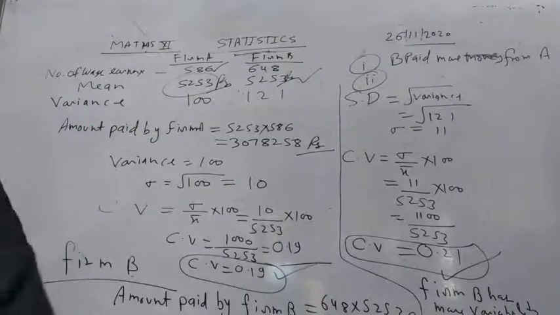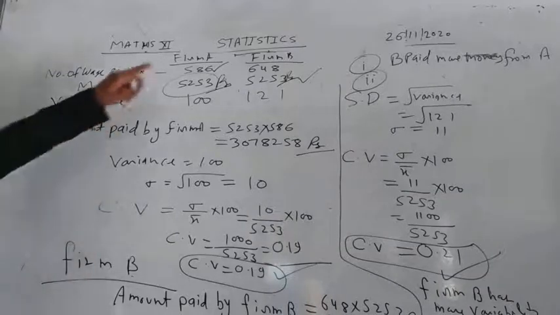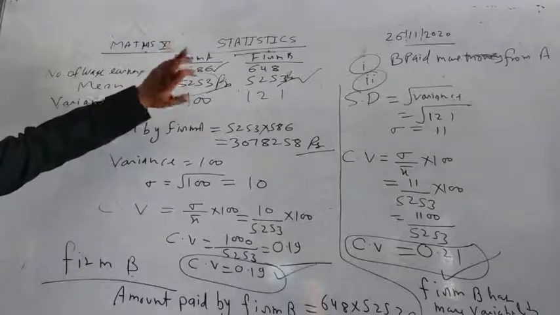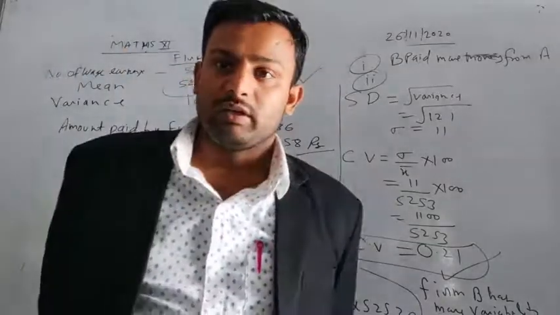I hope you understand. It is given in this question that there are two firms, firm A and firm B, and in both firms some workers are working. Let in firm A 586 and in firm B 648 workers are working, okay.